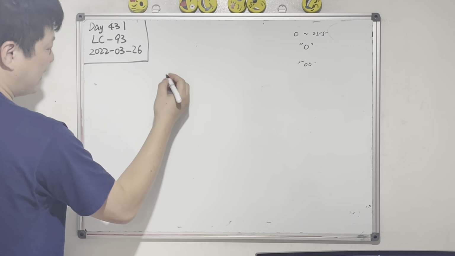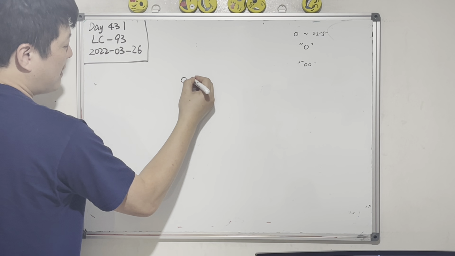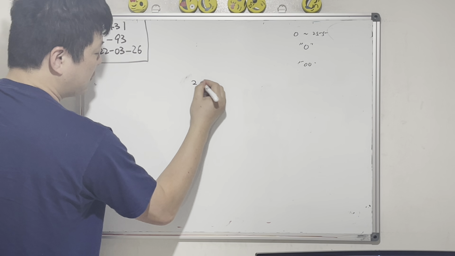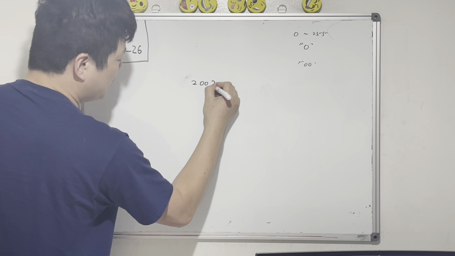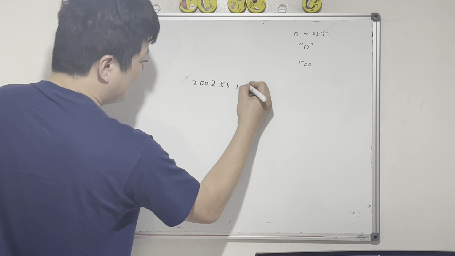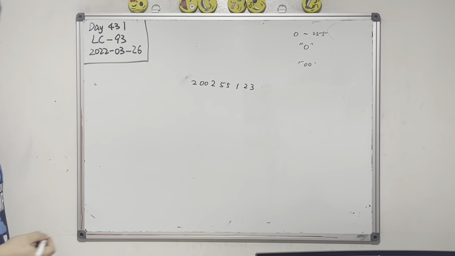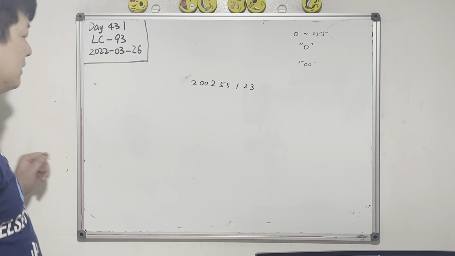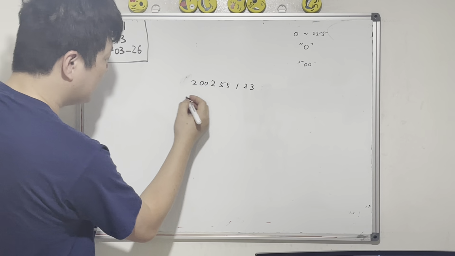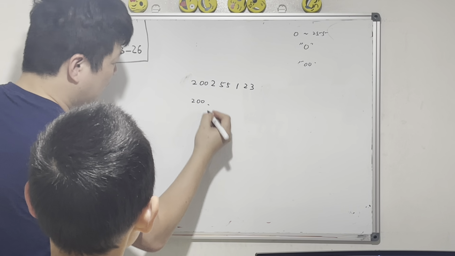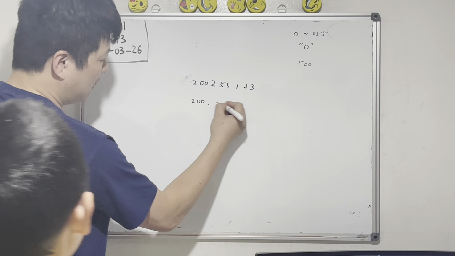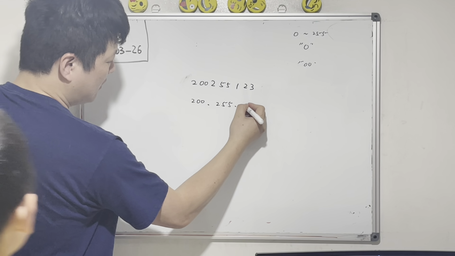Let me give you an example: 200255123. Can you restore this? 200.255.12.3.